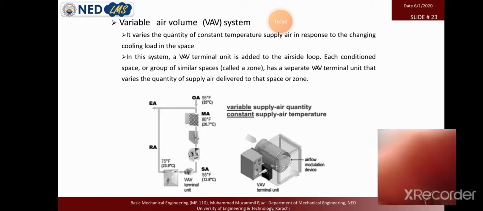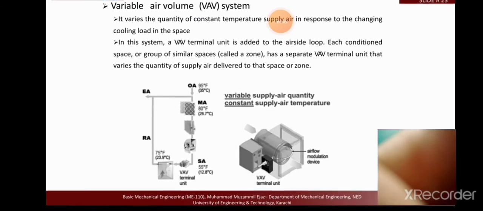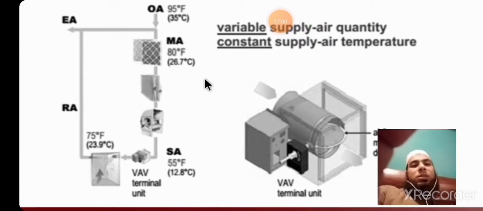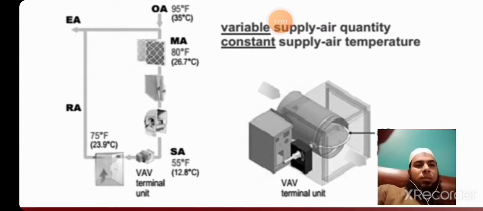Second system, we have a variable air volume system. In the variable air volume system, we have a VAV box like this. You see that it is directly attached with the motor, and the disc is run with the motorized effect. The motor opens the valve or closes the valve or adjusts the flow, but does not completely shut off the air, because we also need to maintain some ventilation.